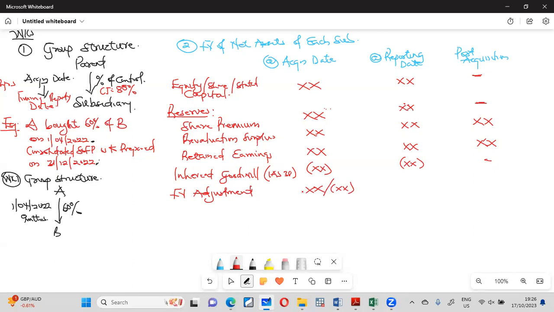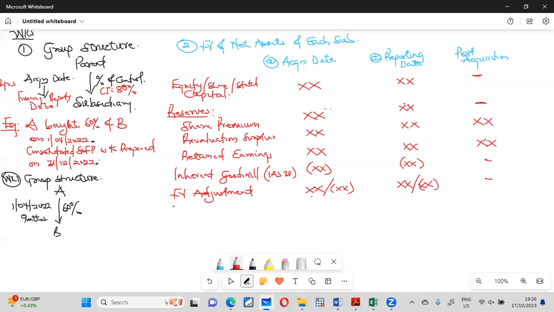Now, if the adjustment is about land, your initial measurement is what you have at the acquisition date. Your subsequent measurement, we don't depreciate land, you know that. The question will always tell you the adjustment. If it is positive, if it is negative, manage the adjustment out.